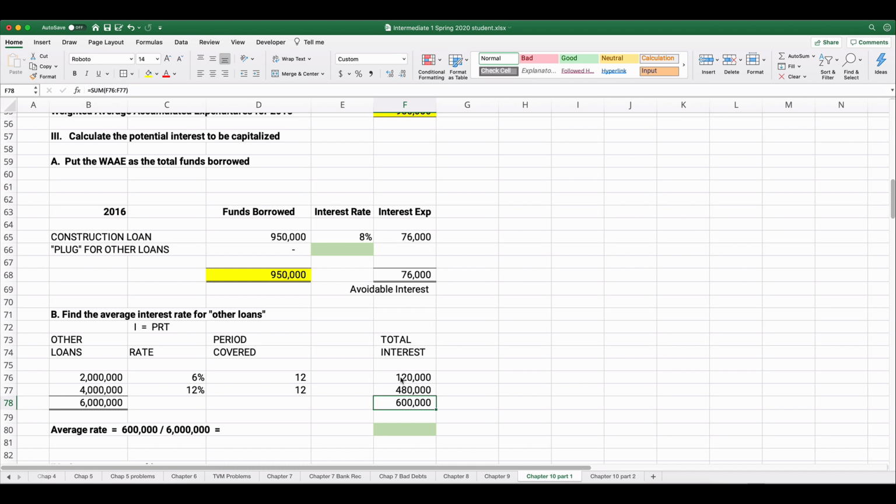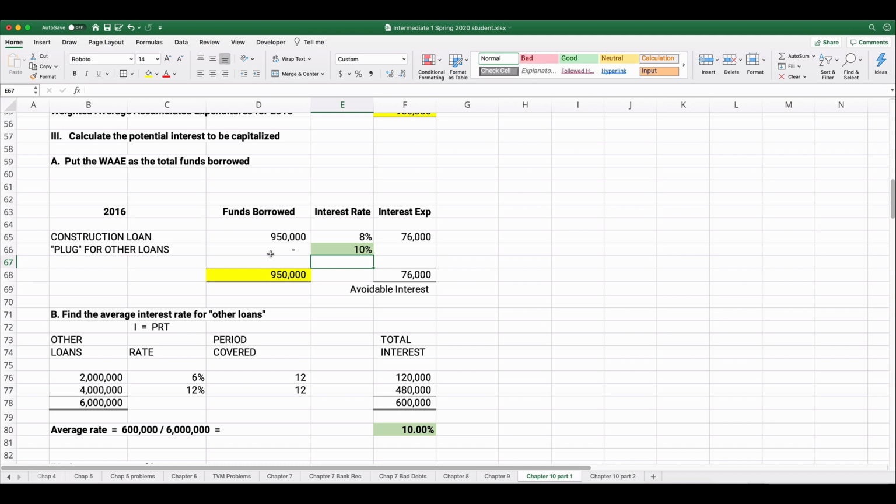So what we have is a total interest of 600,000. So we're going to take the 600,000 divided by the 6 million. And we're going to say, hey, it looks like the average interest rate is 10%. So we would put this number, 10%, right there.